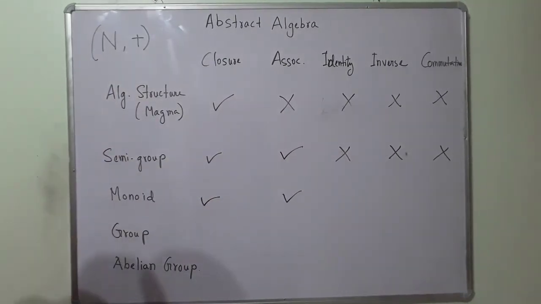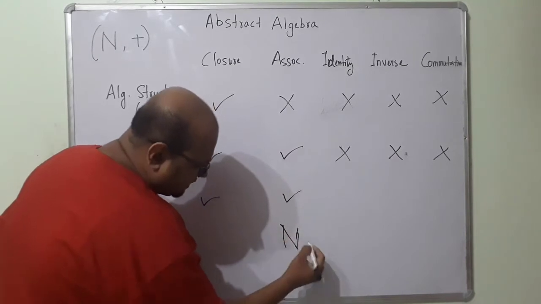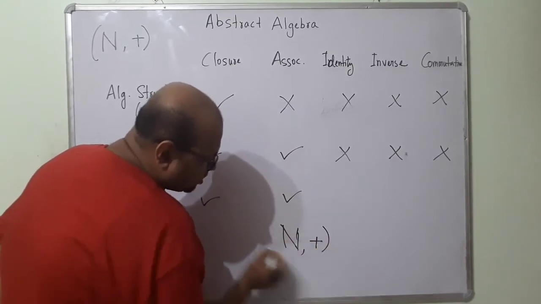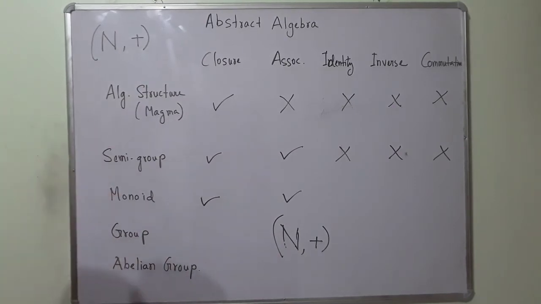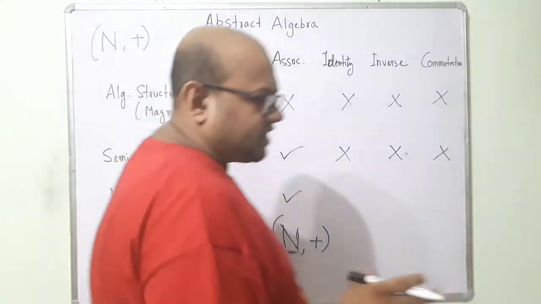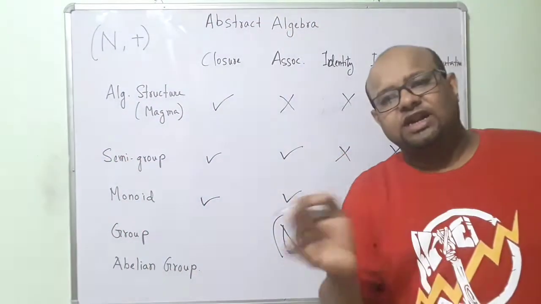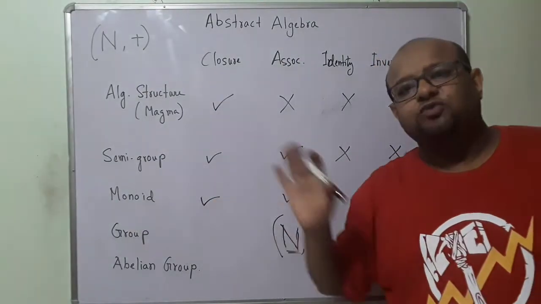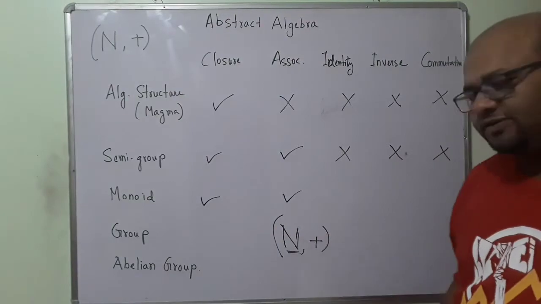So here is the question. The set of natural numbers under the operation addition, is it closed? When I add two natural numbers, do I get back a natural number? Yes, my output will be a natural number, so it is closed. Is it associative?